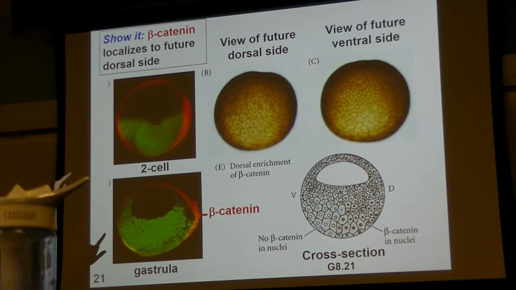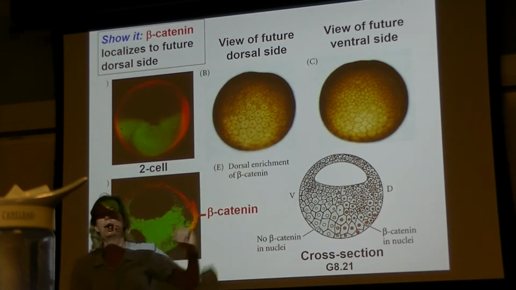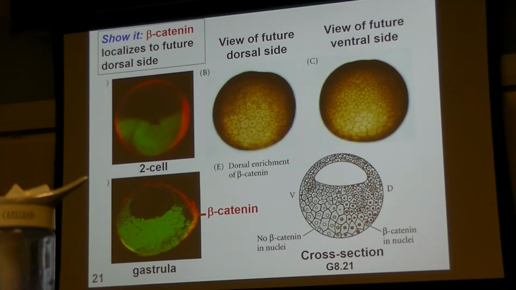And then those two brown ones are also immunohistochemistry, looking at beta-catenin localization, and it gives you a bit more of a nucleus versus cytoplasm view of things. The two embryos are just flipped around to show you the dorsal side or ventral side. Here on the dorsal side, these round spots are the nuclei, highly enriched for beta-catenin.